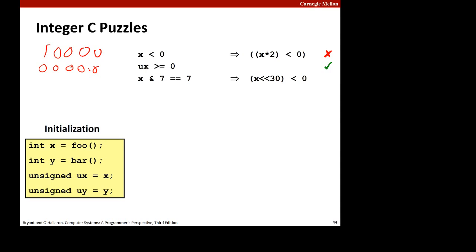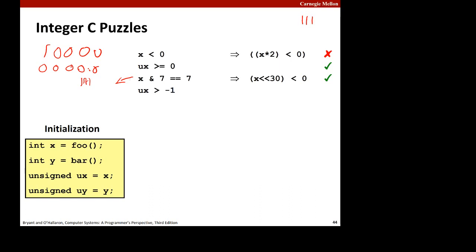So what this means, you remember 7 as bit representation. Man, oh man, it's hard to write on this side. Sorry. 7 looks like 1, 1, 1, right? So x and 7, if I get 7 out of that, it means all the low 3 bits of x are 1s.